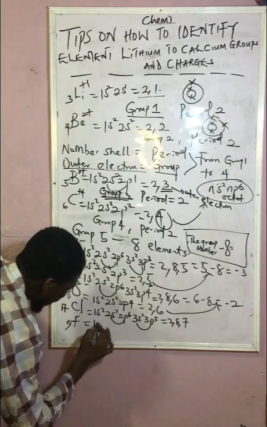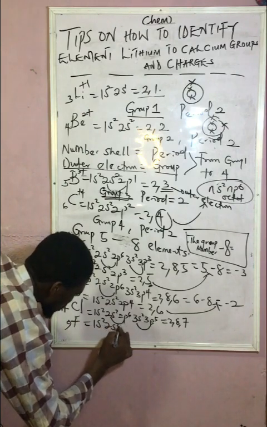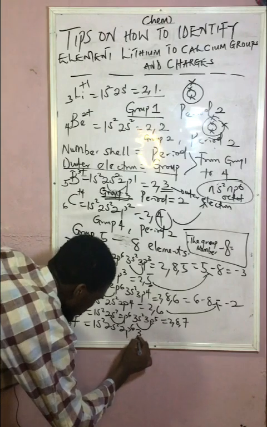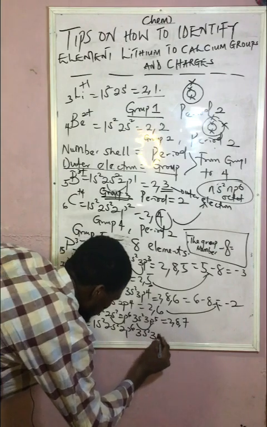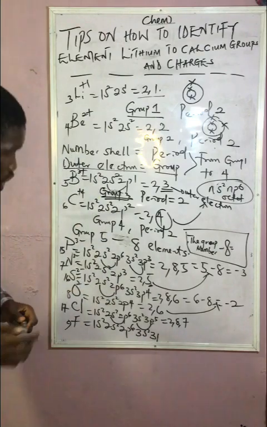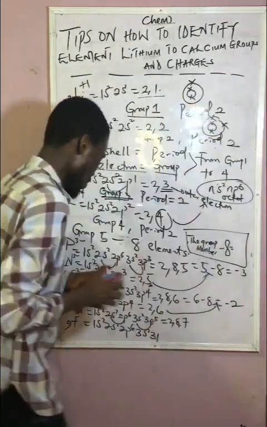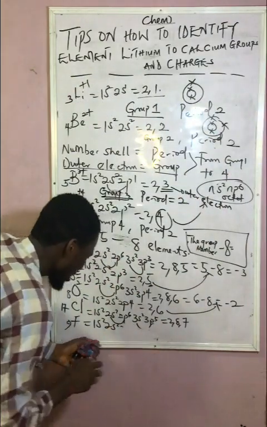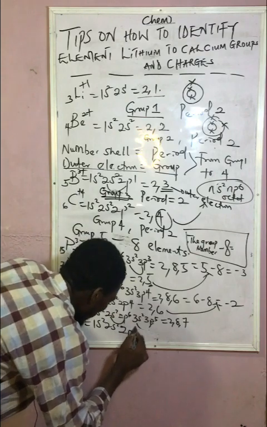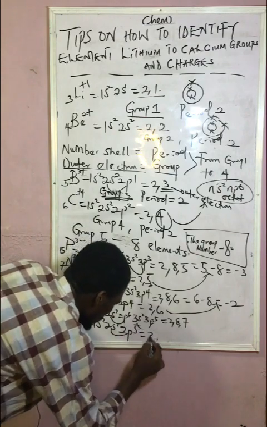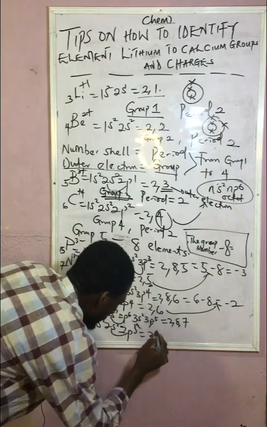Atomic number 9, we have 1s2, 2s2, 2p5. So these two will give us 2. This 2 plus 5 we have 7.